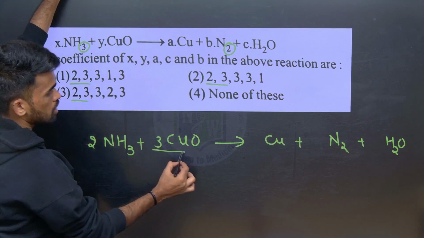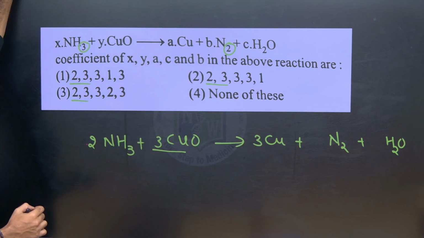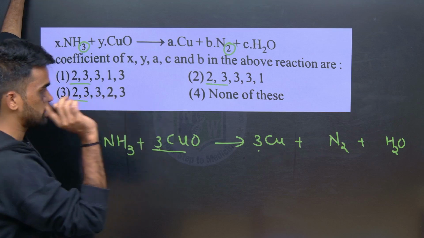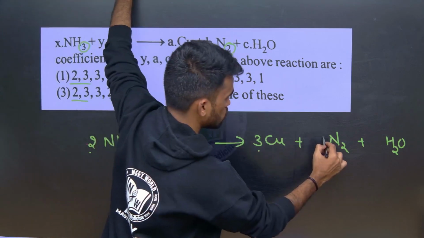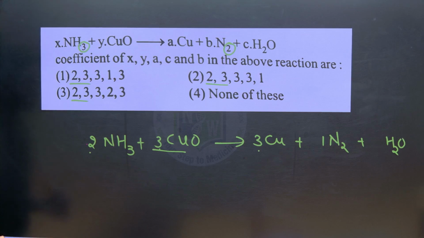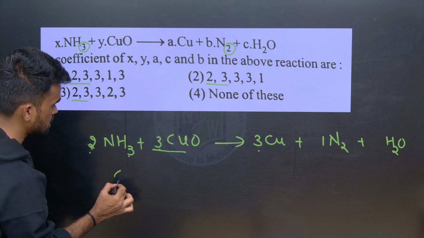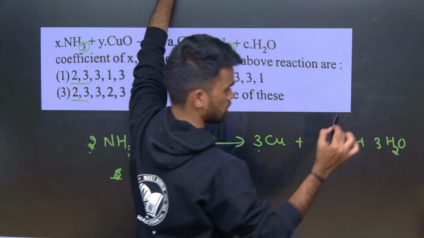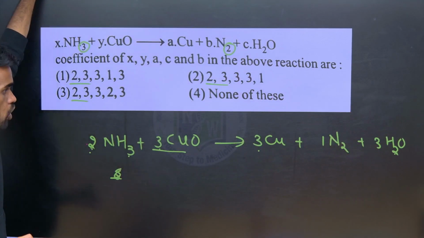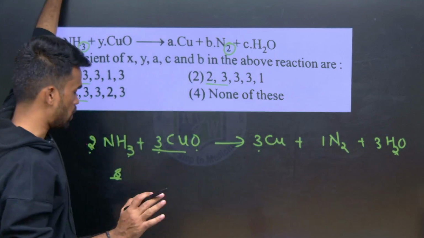Okay, so all coppers are converting into copper only, so 3. There are also 3. If it is 3, here also it should be 3 only. Next, nitrogens are 2 here, so here also 2, so I am putting 1. Okay, now how many hydrogens? The 2 3s are 6 hydrogens this side, so here 2 hydrogens, 3 2s are 6, hydrogens are balanced. How many oxygens? 3 oxygens, here also 3 oxygens, so we got the answer.